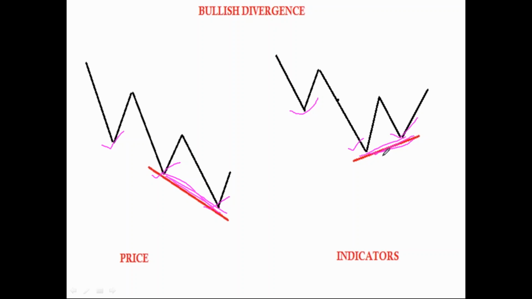There is a divergence between the price and the indicator. So this is the bullish divergence, as the indicator is indicating a bullish scenario, whereas the price is indicating a bearish scenario.